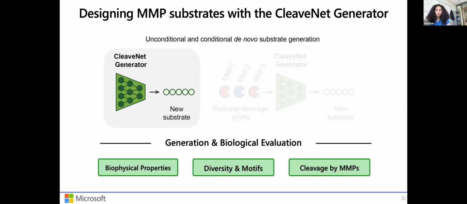And finally, we asked whether we could put this together with the CleaveNet predictor to come up with some in silico surrogates of whether these generations were likely to be cleaved by MMPs, both in silico and in vitro. So walking through these evaluations, again, this is of this unconditional model where we've just trained it in this general purpose way on this dataset, and we're sampling from it unconditionally at inference time.